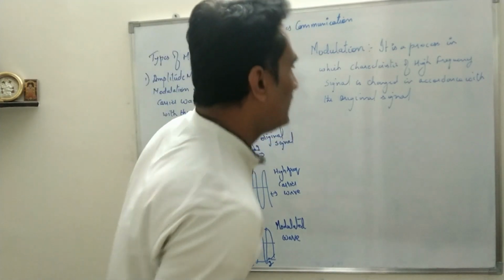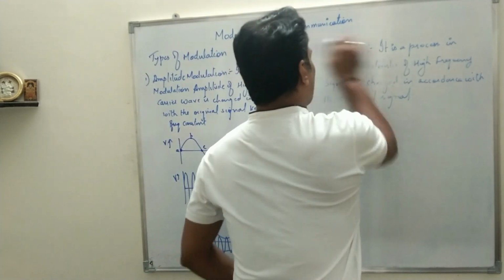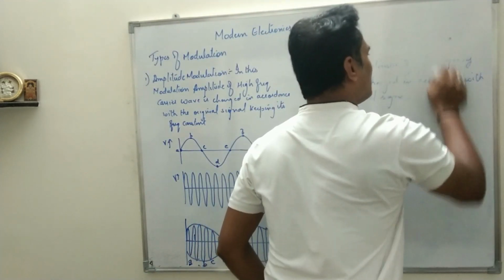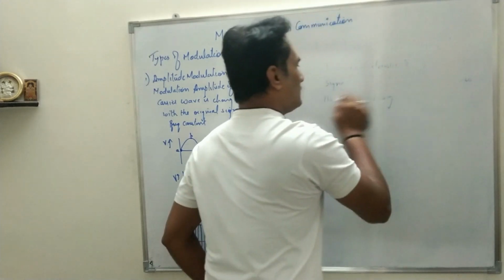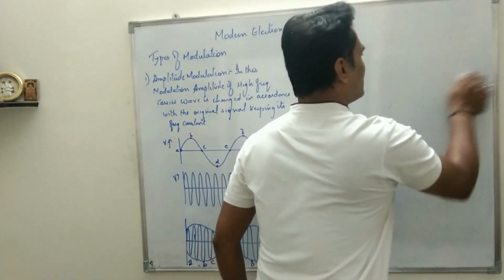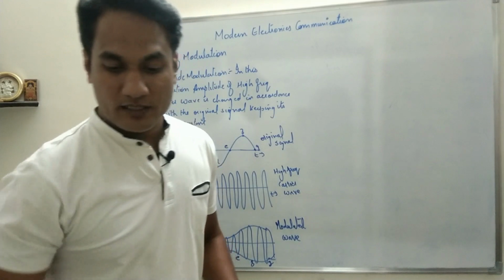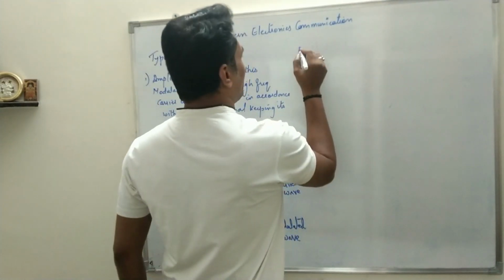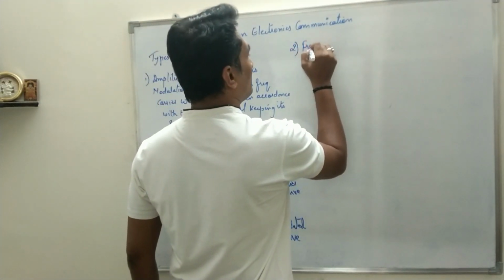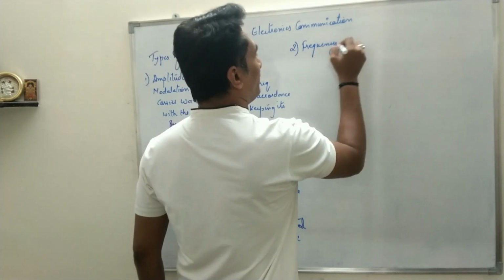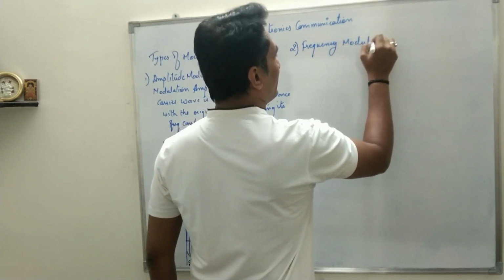Let us now try to understand the next type of modulation, that is frequency modulation. That is what is called FM, frequency modulation. So the second type is frequency modulation.